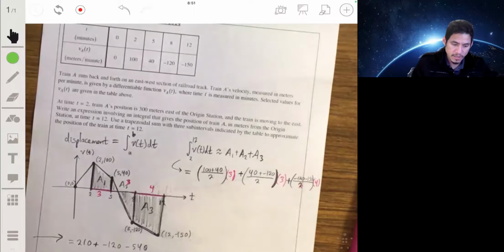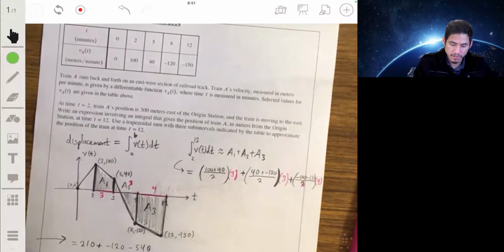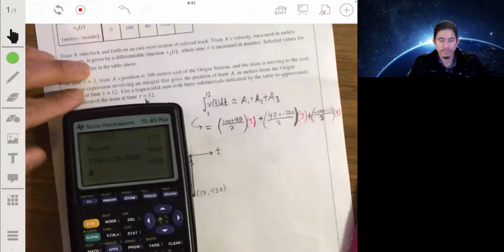So 210 minus 120 minus 540, so that's minus 450.